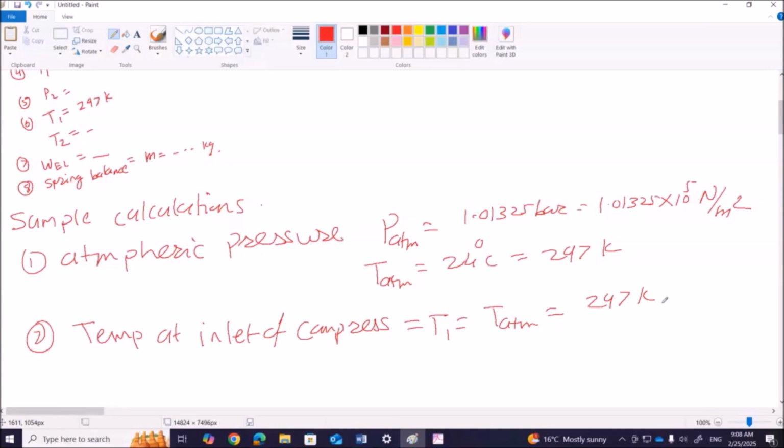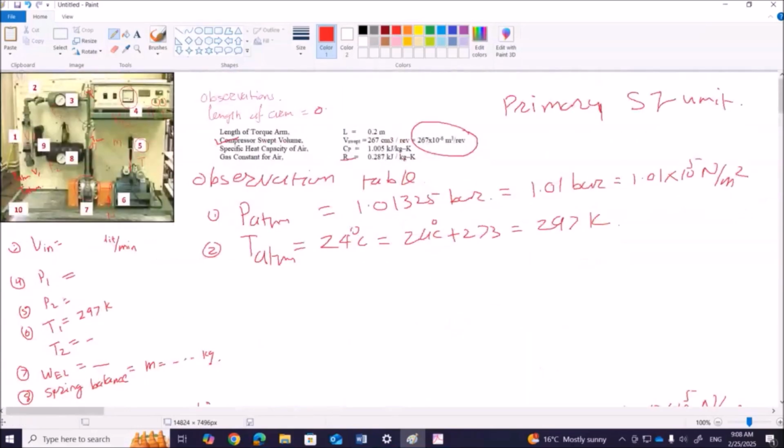The atmospheric air comes inside and there is no energy added in the machine, so as it is an isothermal process, the temperature remains constant from atmospheric up to point number 1. Here it is state point 1, with P1 and T1.